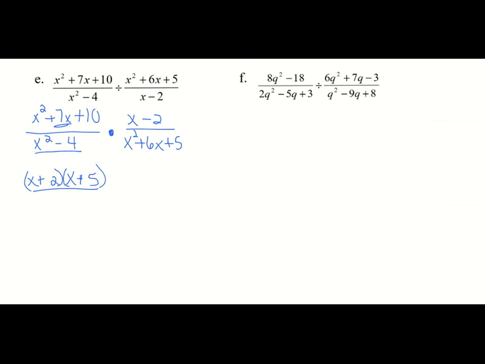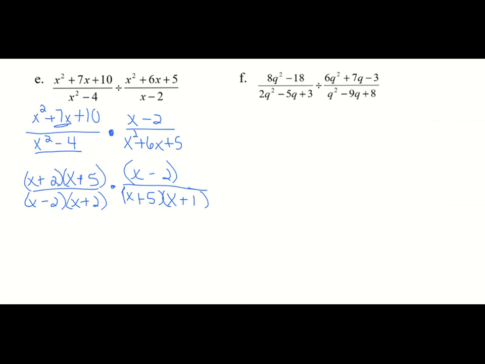On the bottom, x squared minus 4, difference of perfect squares, (x minus 2)(x plus 2), times, we have x minus 2 on the top there, it's already factored, and then on the bottom, x squared plus 6x plus 5. We'll factor that. To get 5, we need 1 and 5, and that will add to 6, so it's going to be (x plus 1)(x plus 5).